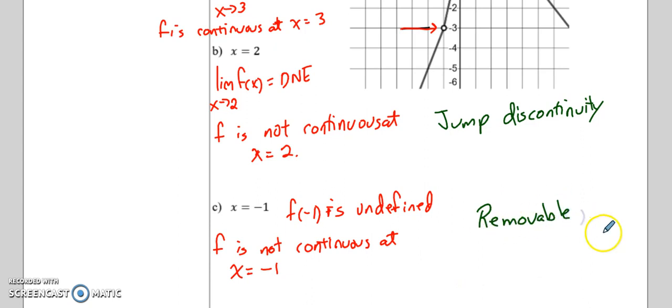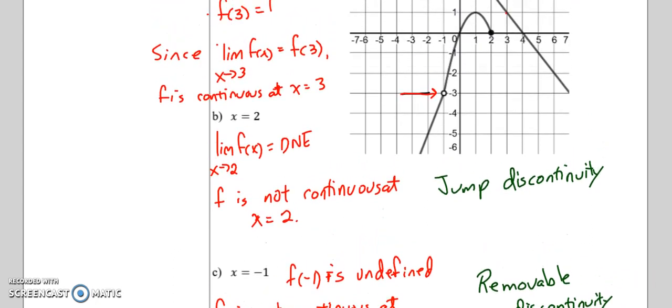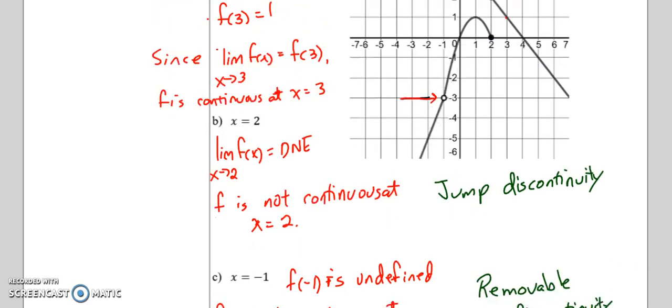Now, one thing to be careful with. You might say, well, why do we need that last one if both exist? Well, let's say at x equal -1 if we had the point here, -1, -1.